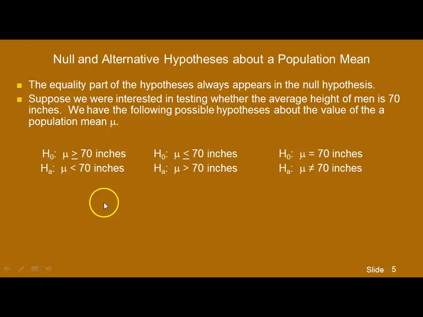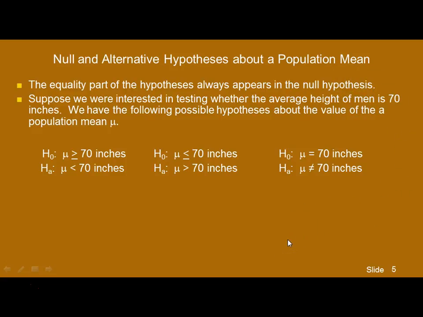It's important to note that in all three of these hypotheses, the equality part is in the null hypothesis. It might be a less than or equal or a greater than or equal or just an equal, but we need the equals portion in the null. As it says right here, the equality portion always belongs in the null.